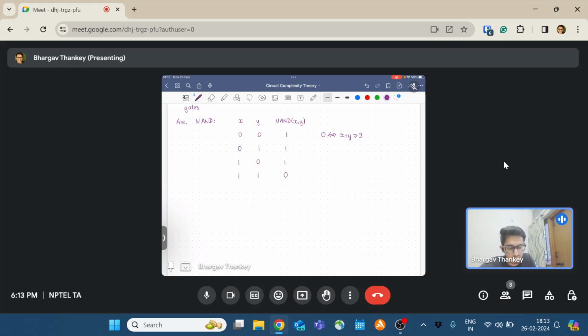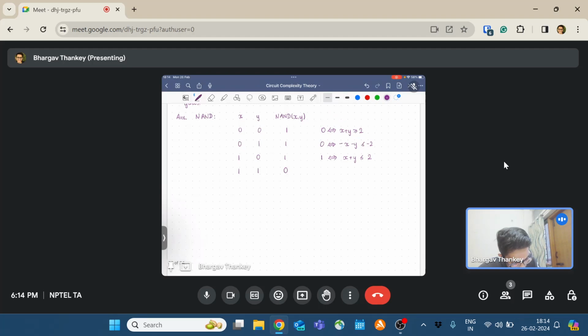We want a, b, and theta so that ax plus by less than or equal to theta implies NAND is 1. We have that NAND is 0 if and only if x plus y is at least 2, so NAND is 1 if and only if x plus y is less than or equal to 2. I messed up the previous time.